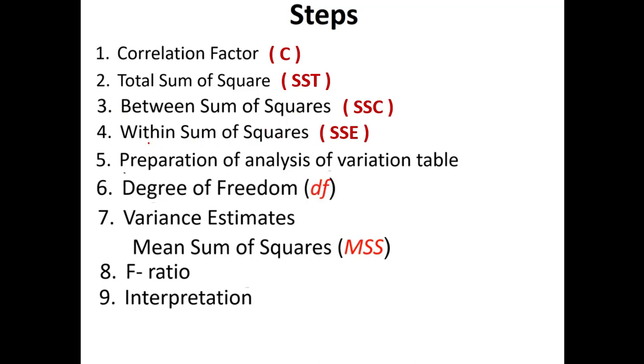Then we prepare the ANOVA table, find the degrees of freedom, then MSS, which is mean sum of squares, and the F ratio, and in the last step we interpret the result. I know it will be difficult to understand from this alone, but we are going to solve one question immediately. With that question, you can easily understand this ANOVA technique.